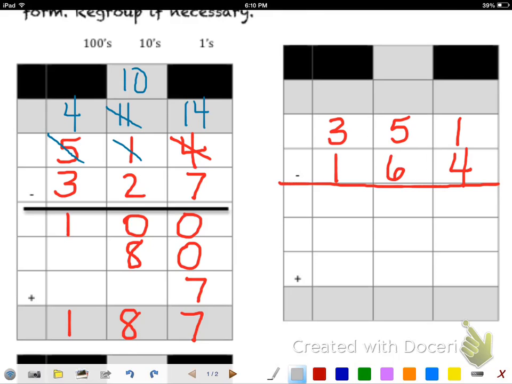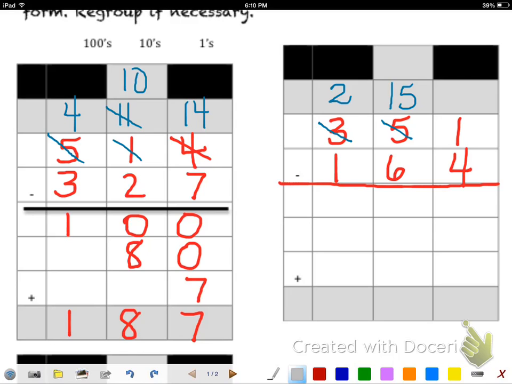I'm going to go over to the hundreds place, and I'm going to take away 100, which leaves me with 200, because there's 2 in the hundreds place. And I'm going to bring that 100 over to the tens place. So I'm going to add the 5 tens that I have here, which will give me 15 tens, which is equivalent to 150.